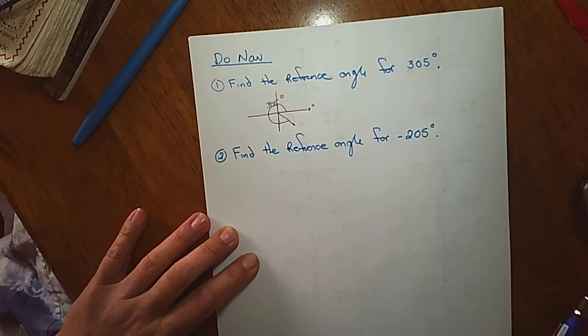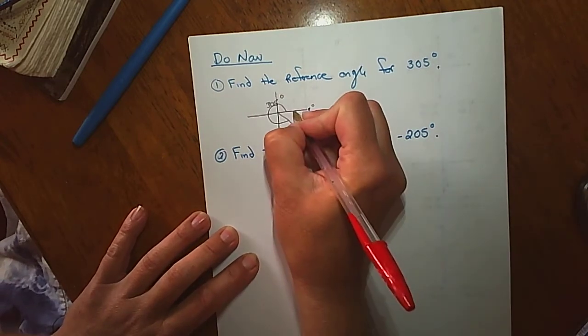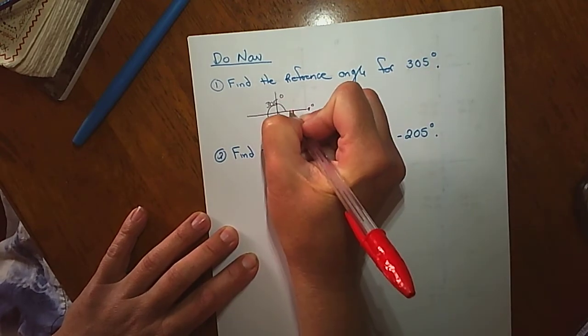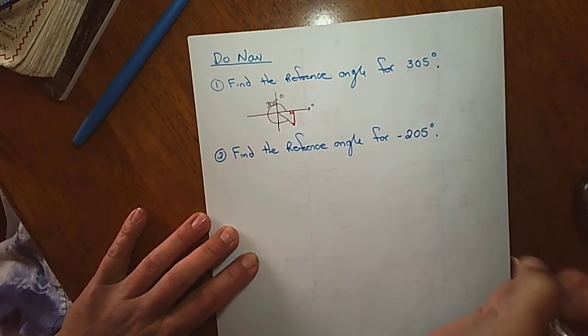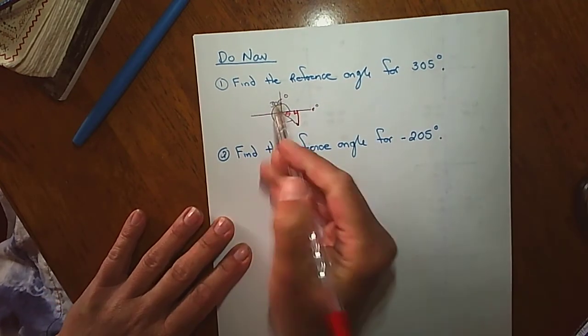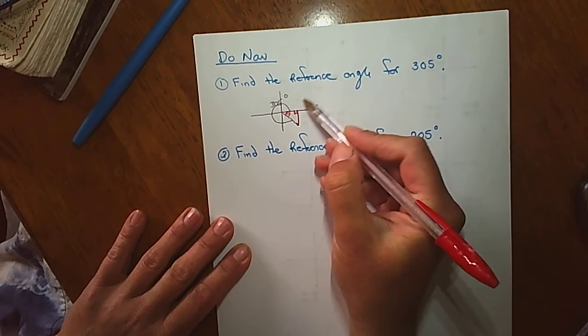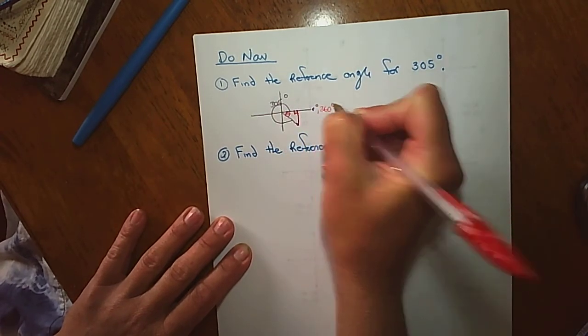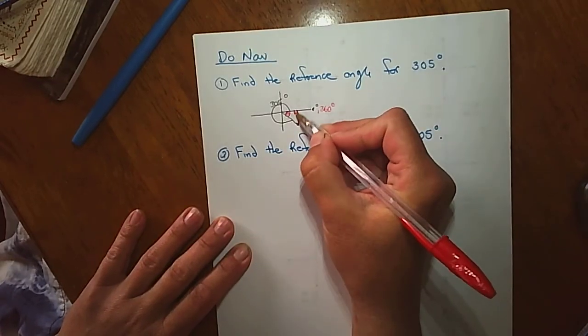Now remember, for a reference angle, you have to create a right triangle. So I'm going to draw this red line, and the right angle has to touch the x-axis. So we need this little corner here. That's the reference angle, this little guy here. So notice, a whole way around a circle is 360 degrees. We didn't quite make it.